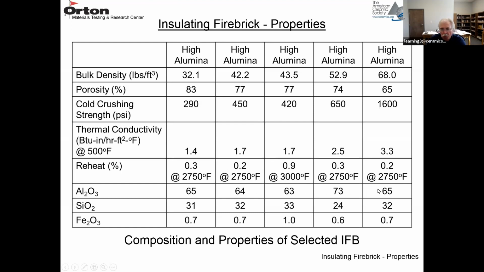These are the corresponding alumina contents, silica contents, and one impurity, Fe2O3. So you can see that when you add some of these up, like 64 and 32 is only 96%, and you add that, it's 96.7. So the data sheets here are not complete with the other impurities.